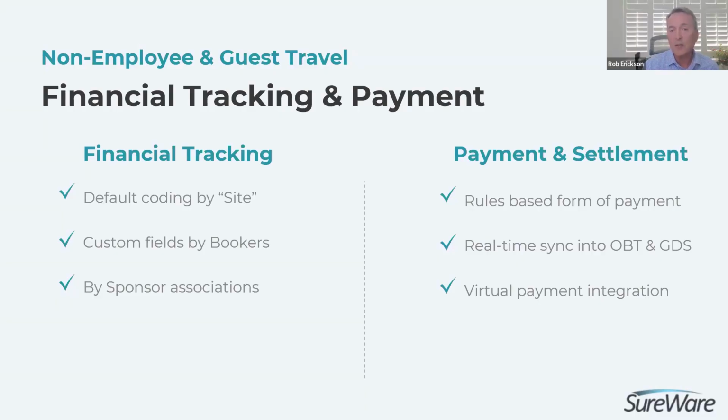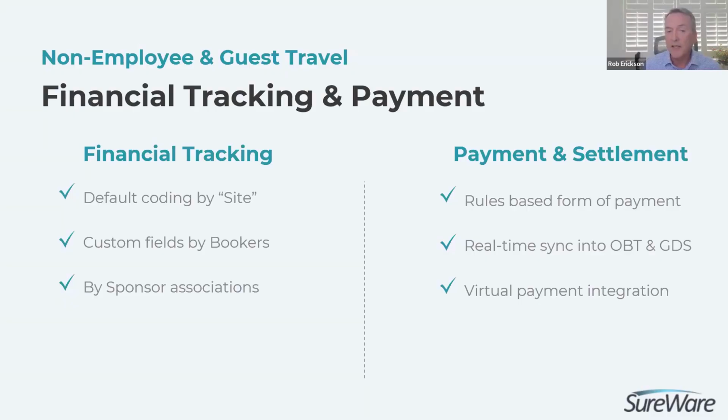And then with different options, we can create custom fields that bookers can manage some of that financial tracking, or when there's a sponsor creating a guest or managing a non-employee, we can take the financial hierarchy off of that sponsor and then have that flow through to the guests. So that third element is getting that financial tracking that's going to follow that booking made end to end.